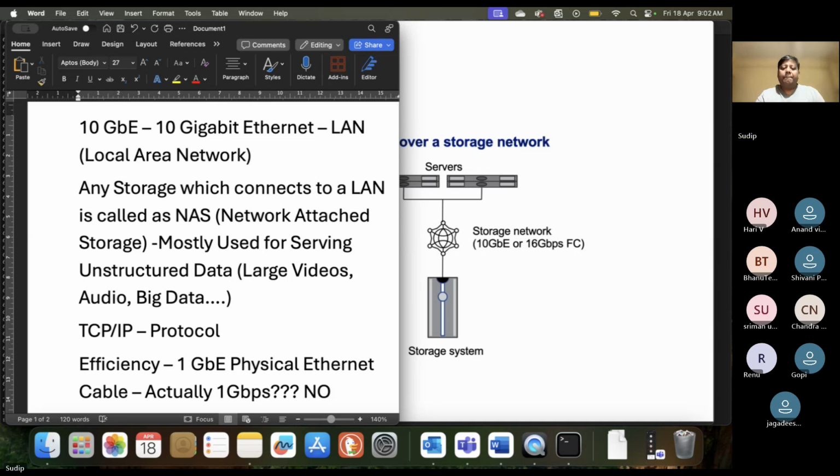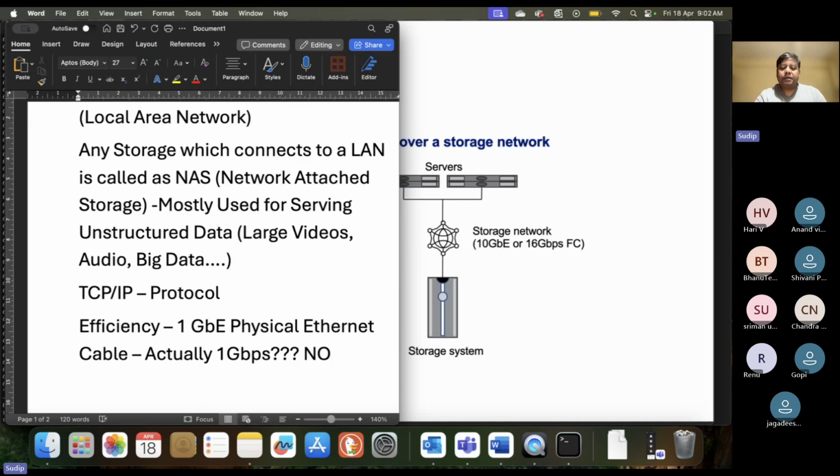Because the efficiency of the TCP/IP protocol is somewhere between 65 to 75%. Now, why is that? Because there are a lot of overheads.